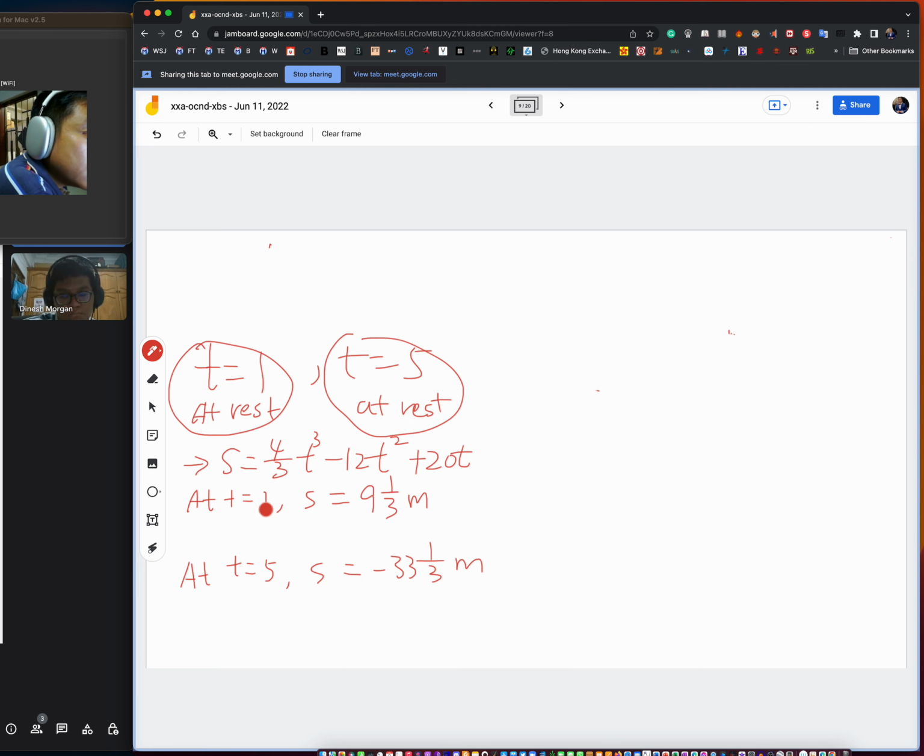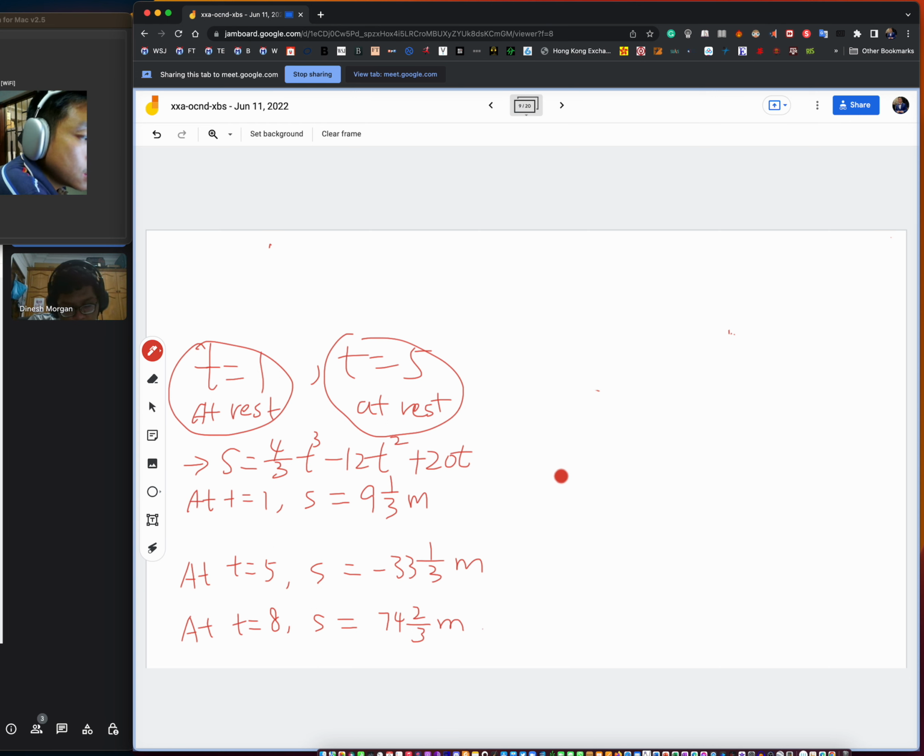I know that at t equals 1 at rest, at t equals 5 at rest, so the final one will be t equals 8. So where's the displacement? Later I'm going to draw this particle path out, so then only I can get the total distance. Okay, so it's 74 2/3 meter.